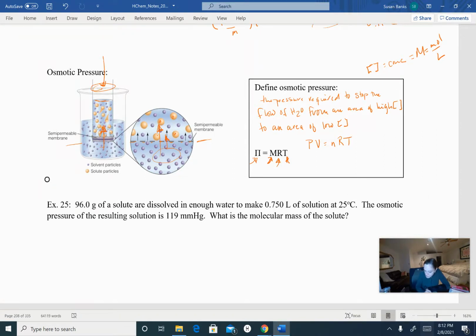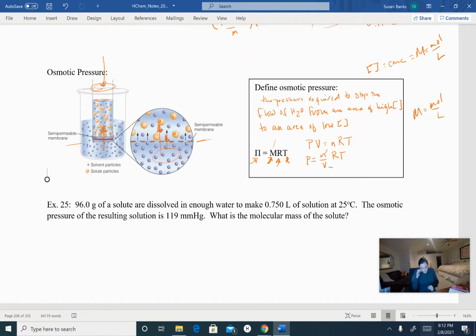If I isolate pressure, pressure is going to be equal to n over V times the gas law constant and T. N is number of moles and V is volume. Isn't volume done in liters? So isn't molar concentration moles per liter? So we just substitute n over V with molarity. It's just a reformulation of the ideal gas law.